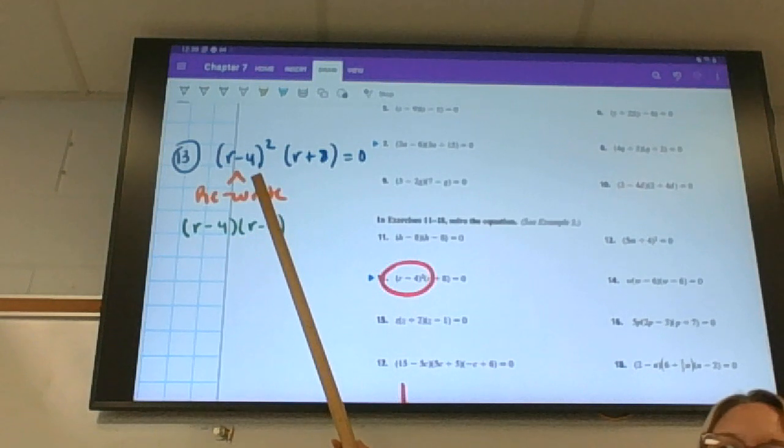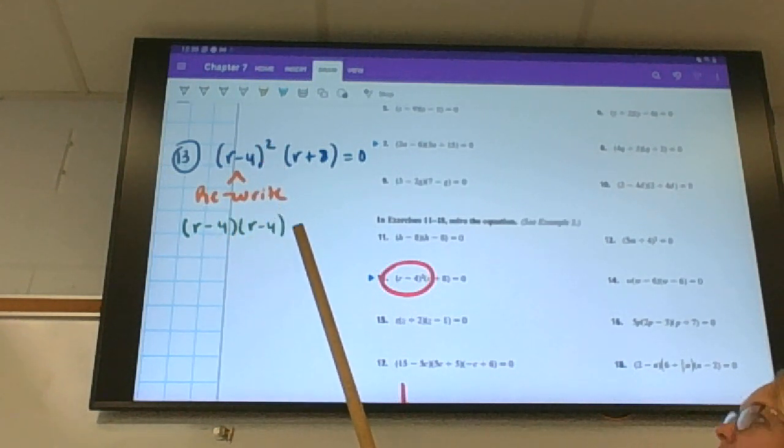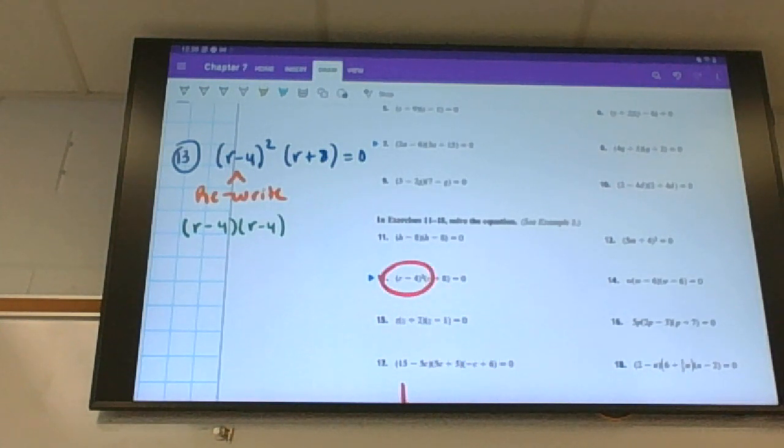If it's squared, then there are 2 of them. And now the r plus 8 goes next to it. So now we have r minus 4 equals 0, r minus 4 equals 0, and r plus 8 equals 0.